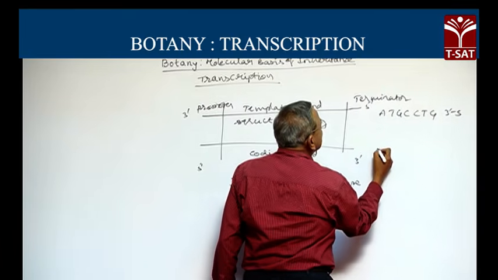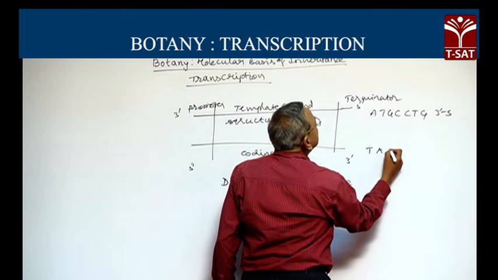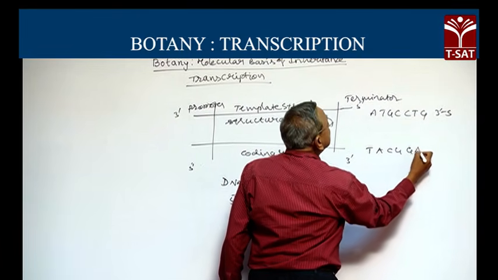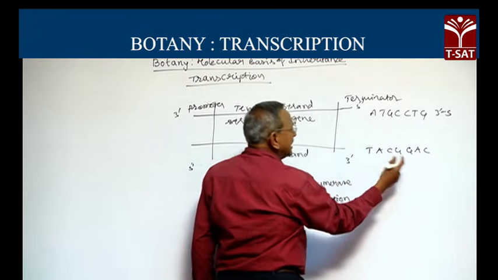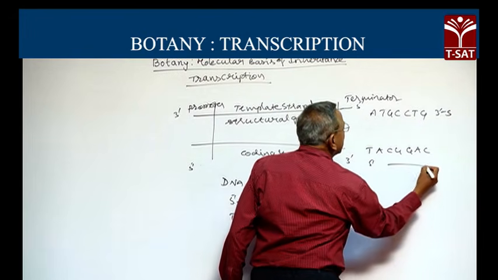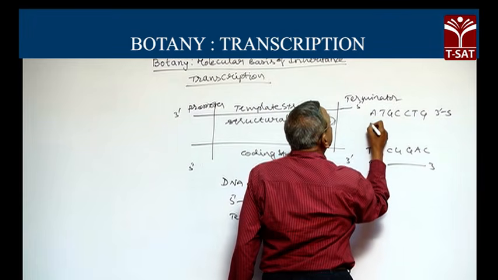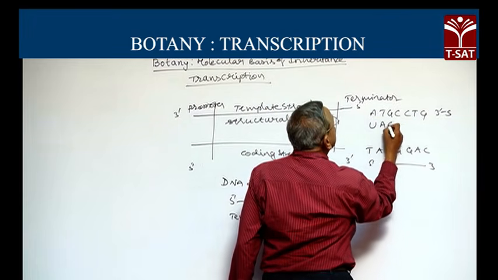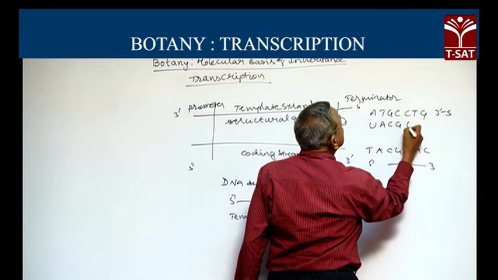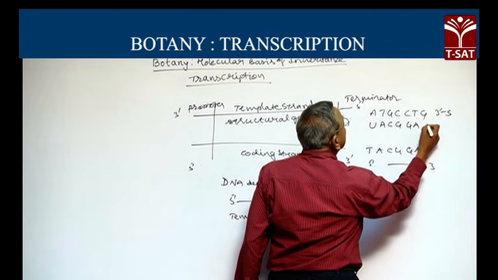And what is in the other strand will be T, A, C, G, G, A, C. On transcription, this will produce U, A, C, G, G, A, C.